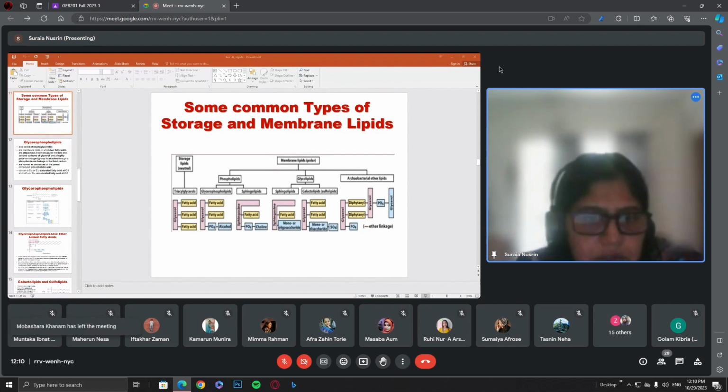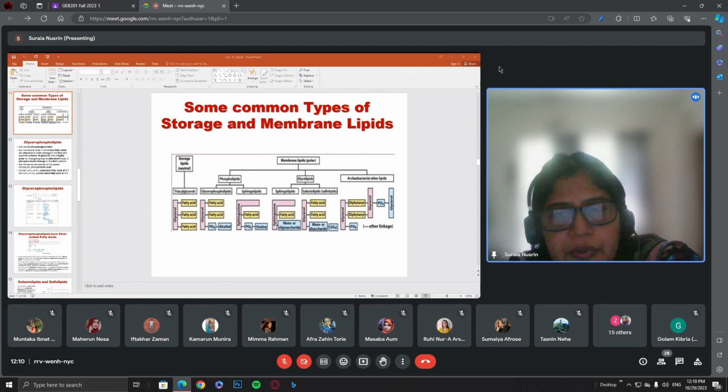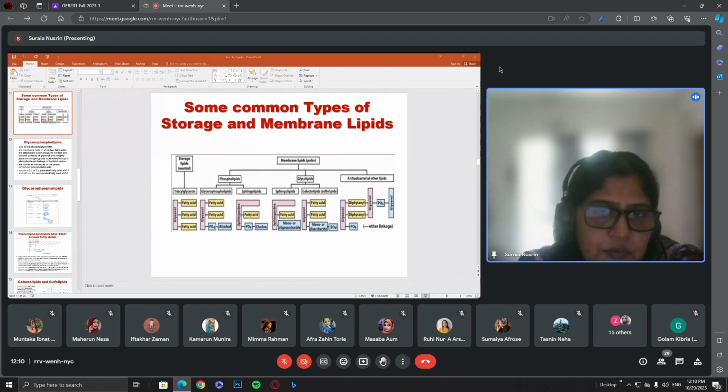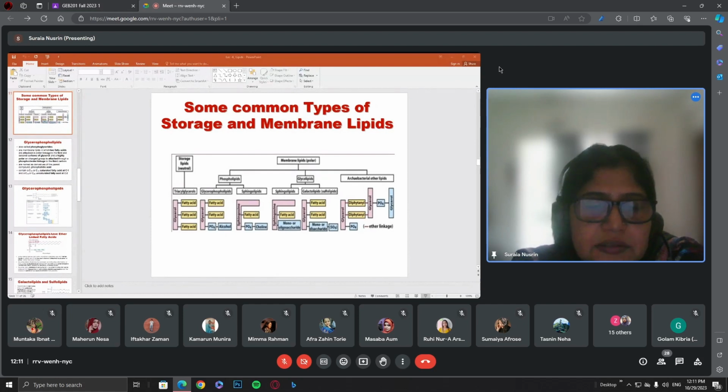The polar head groups can be polar molecules such as amino acids, and maybe sugar residues as well. According to the polar head groups, the glycerophospholipids are named. We will look at some of the phospholipids one by one. Can you see the slide?